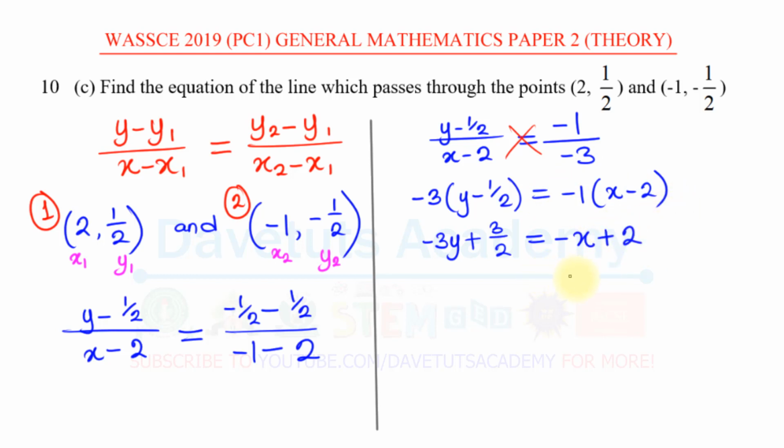Okay. And if we just collect like terms, we will take x to this left hand side. Then we can have this to be x minus 3y, plus 3 over 2. When this plus 2 comes over to the other side, it also becomes minus 2, equal to 0.